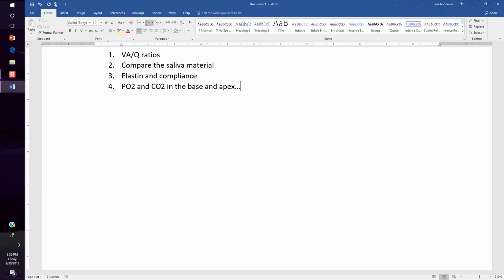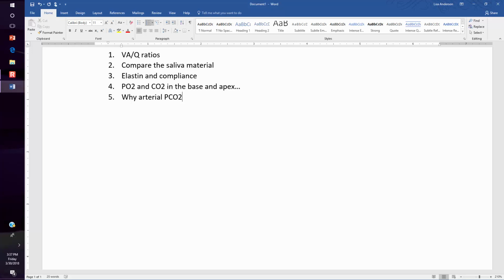Yes, and there was a hand up there. Why arterial PCO2 increases ventilation, where alveolar ventilation decreases with PCO2? I guess let's just go with.